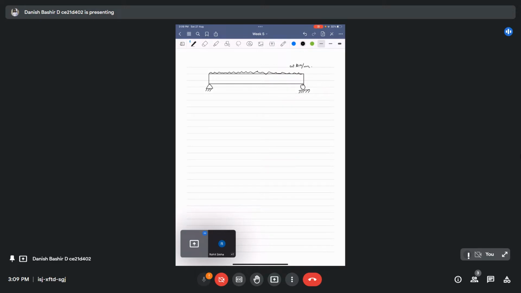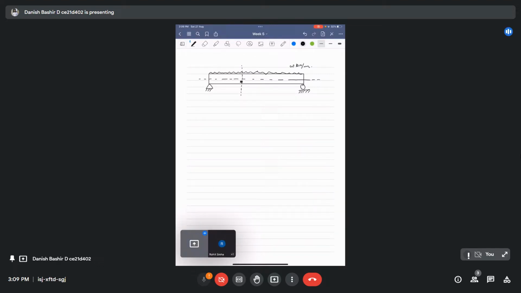This will be the neutral plane of this simply supported beam. If we cut and take a section here, we want to examine the stresses at this section and particularly at this point below the neutral axis. Below the neutral axis, we all know there will be tension.